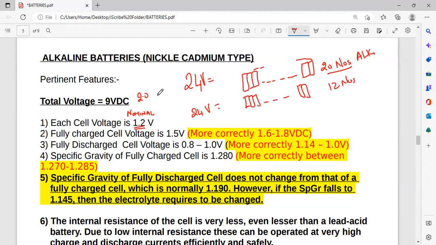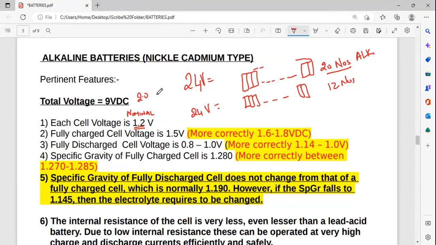Everybody knows how compact and small spaces are on board the ship. If you're going to have a separate or bigger battery locker, that means somewhere else they're going to cut the space. So 1.2 volts per cell as compared to 2 volts per cell being the nominal voltage, you would require more number of cells to make up that voltage.